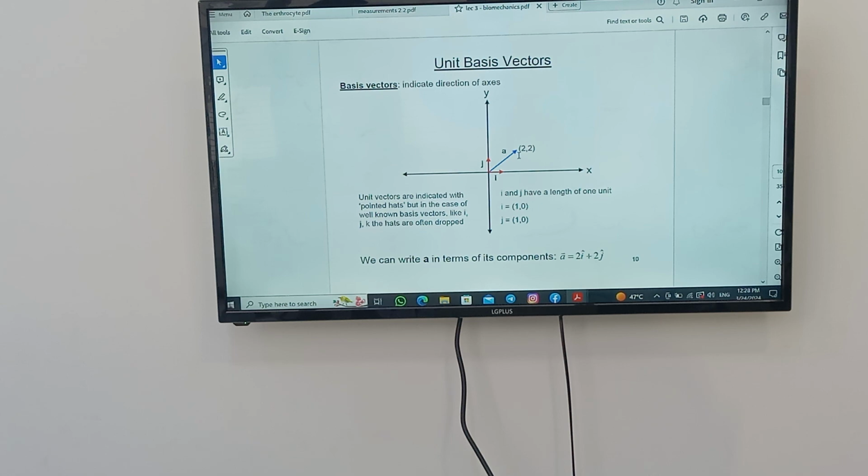The point A has 2 and 2 for the x-axis and the y-axis. So we can express this by saying vector A equals 2i plus 2j. We base the unknown vector A on the known i and j vectors.